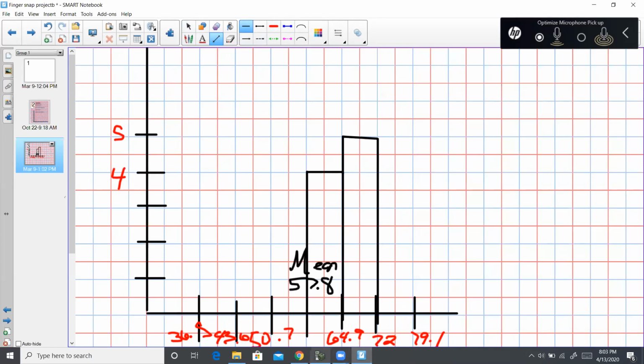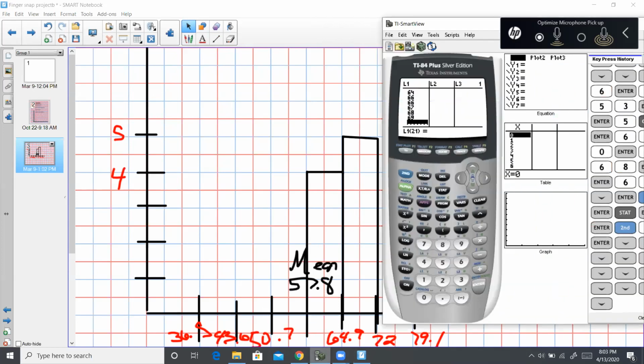Okay, now we're going to go back to our calculator. We're going to look for numbers between 50.7 and 57.8. So we need to go backwards, right? So we have between 50.7 and 57.8. So we got to go back here.